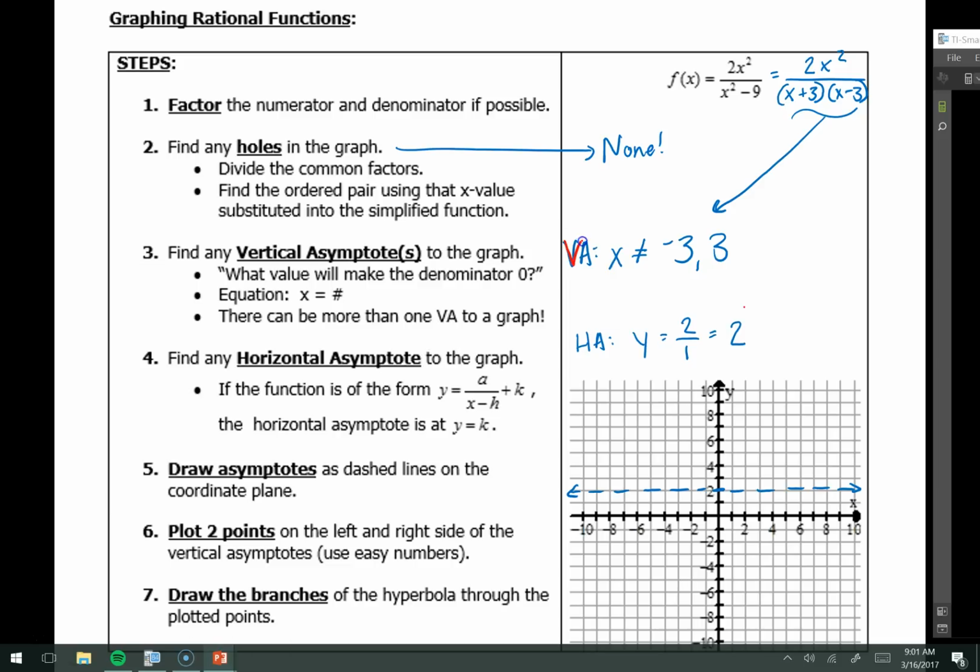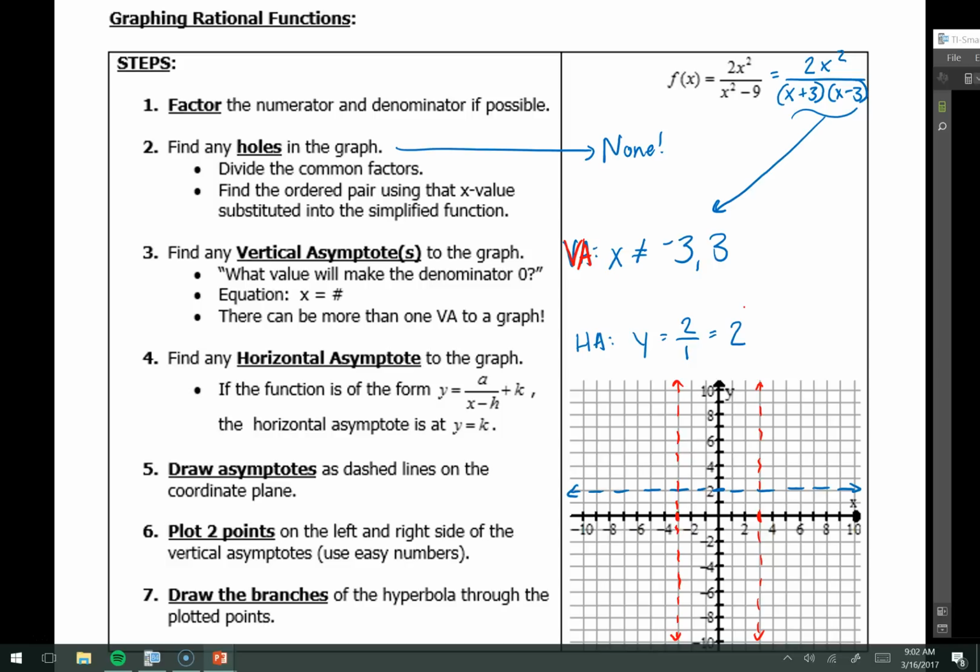And my vertical asymptotes were at x is not equal to negative 3, which is here, and positive 3, which is here. So I'm going to draw some dashed lines to indicate those vertical asymptotes. Okay, so now I have my asymptotes and I'm ready to plot points.